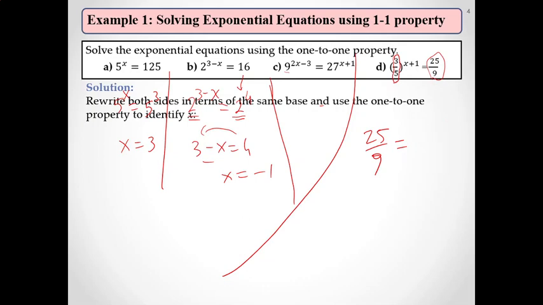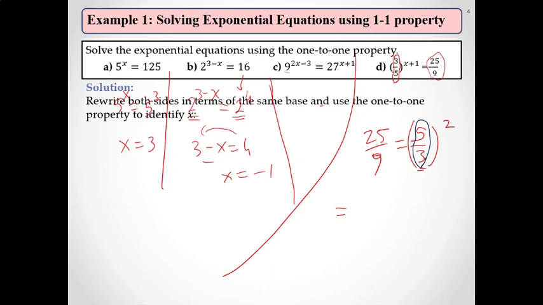Okay, it's better we analyze 25 over 9. The first thing is, it's the 5 over 3 squared. What can we write this as a power of 3 over 5?